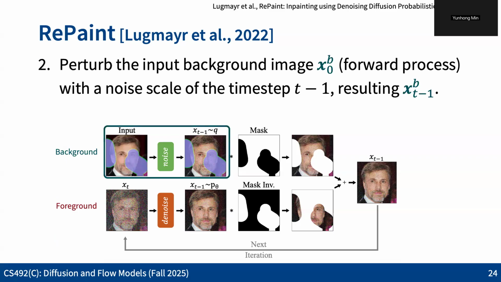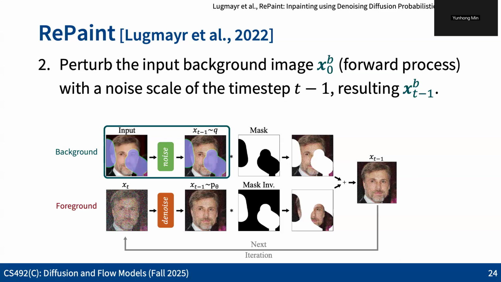Which means that we are performing the reverse process for the foreground region and the forward process for the background region with the same time step t-1, in a way that we get two noisy data points. One is coming from the reverse process, and the other one is coming from the forward process.